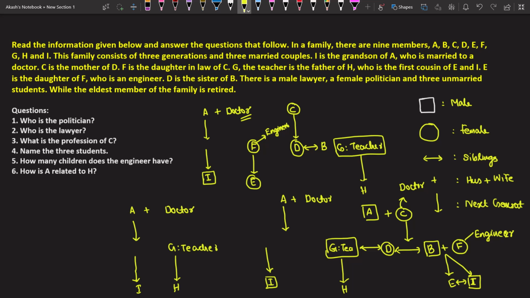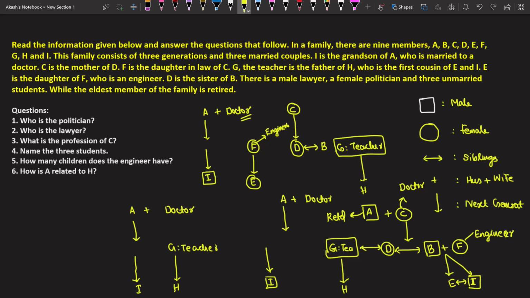Then they mentioned that there is a male lawyer. One more thing you need to understand: the eldest member of the family is retired. The eldest member of this family is either A or C. C is already a doctor, so A will be retired. F is an engineer. G is a teacher.